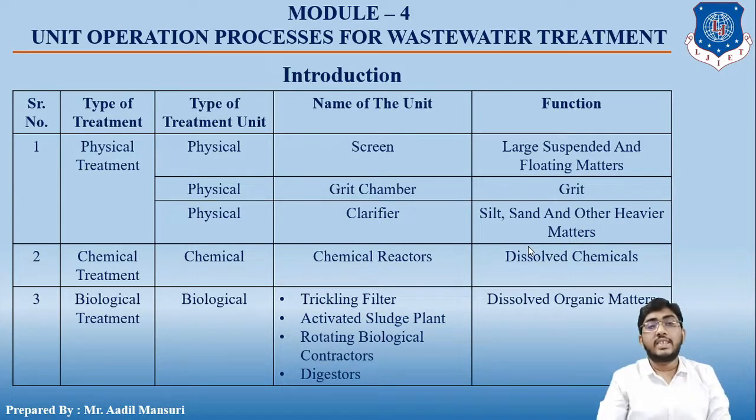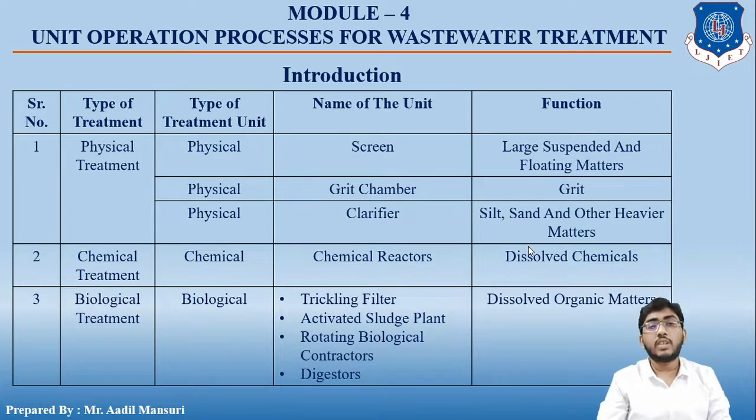Next is the biological treatment. As you can see from the table, there are four types of units, that is the trickling filter, activated sludge plant, rotating biological contactors and digesters. The main function of the biological treatment units is to remove dissolved organic matter.